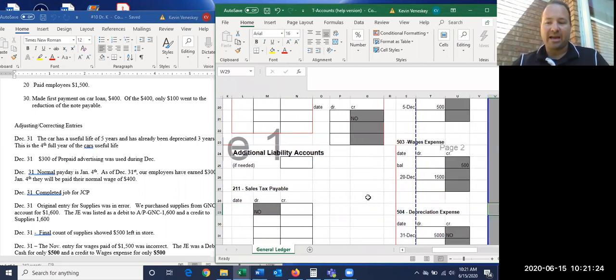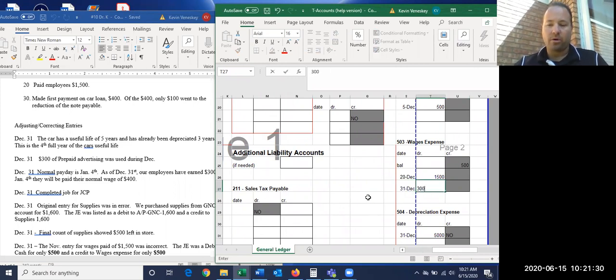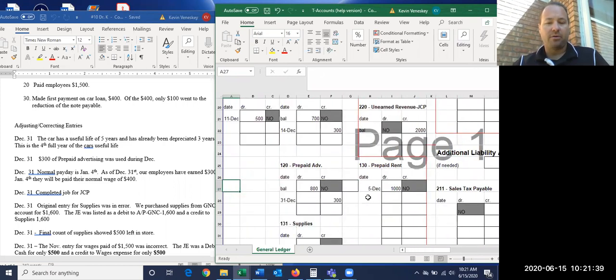I need to show that I got the benefit of my workers working up through the end of the year, and they worked $300 worth. That's it. I don't put anything about the $400 because that's part of next year. So I'm going to debit the $300, and now I don't come to cash because I haven't paid them.